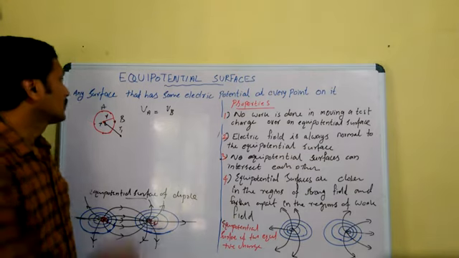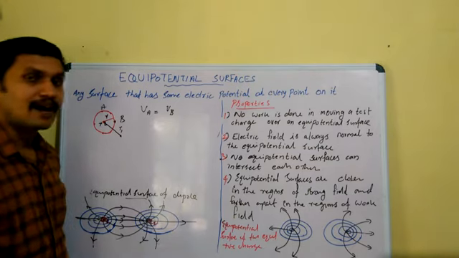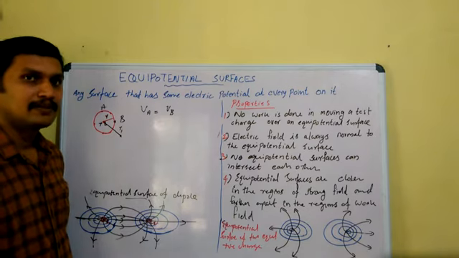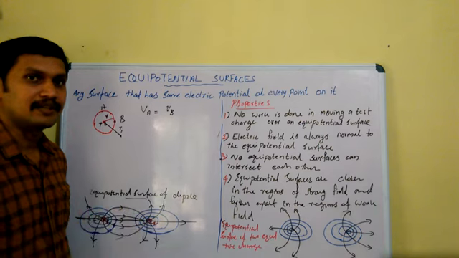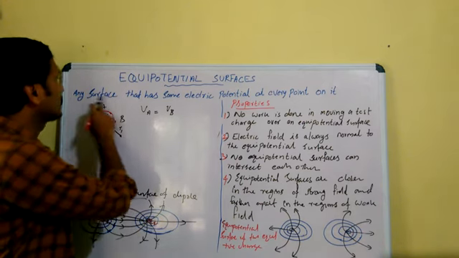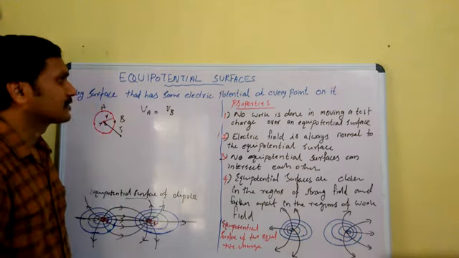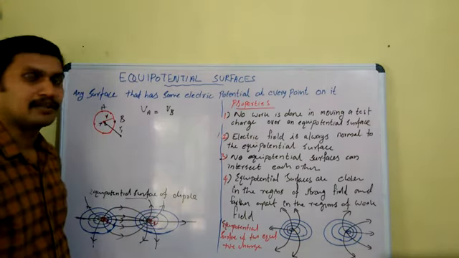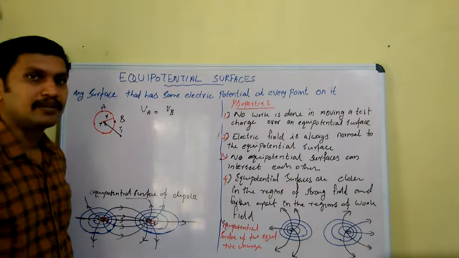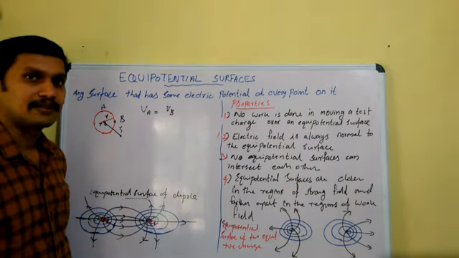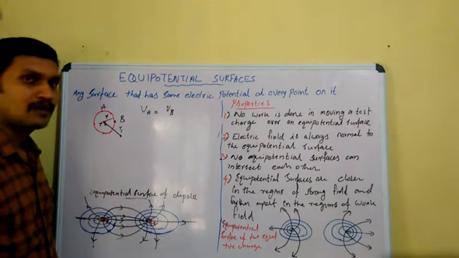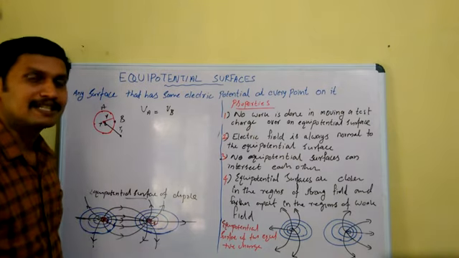Equipotential surfaces are actually imaginary surfaces which can be drawn in an electric field to picturize it. Any surface that has the same electric potential at every point on it can be called an equipotential surface.